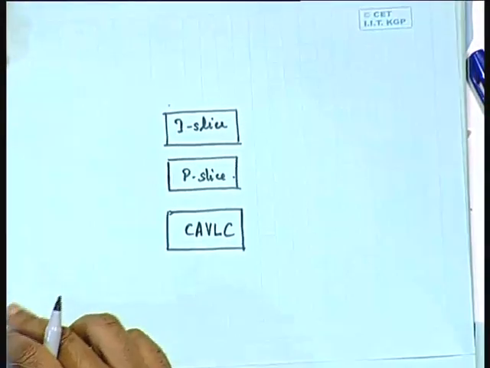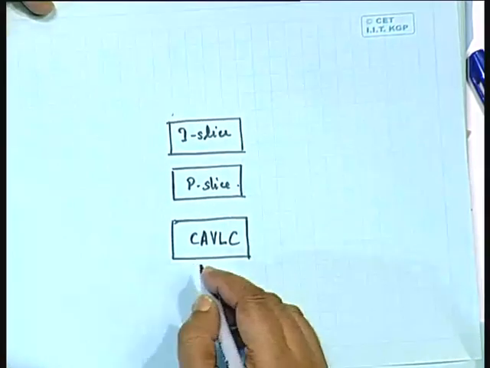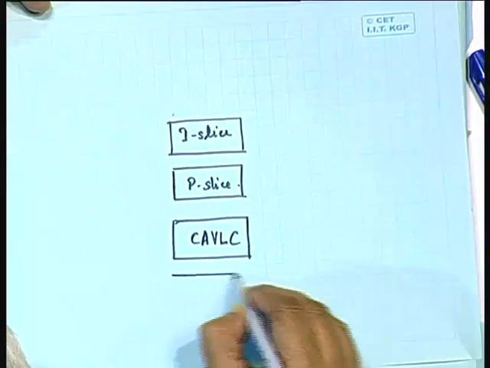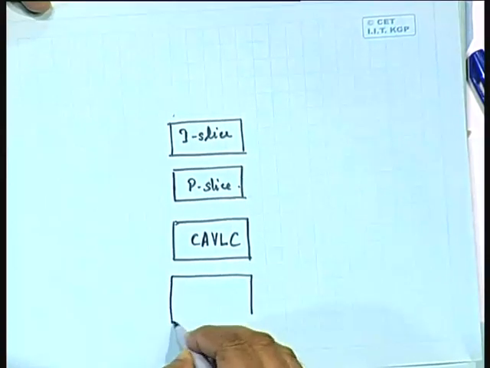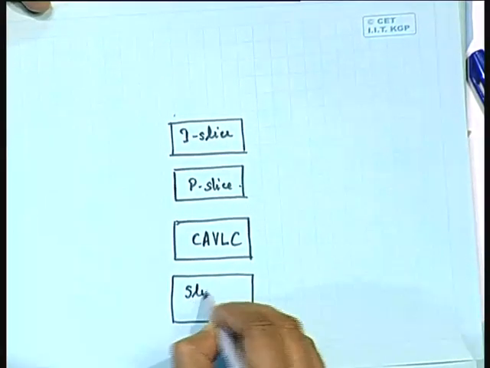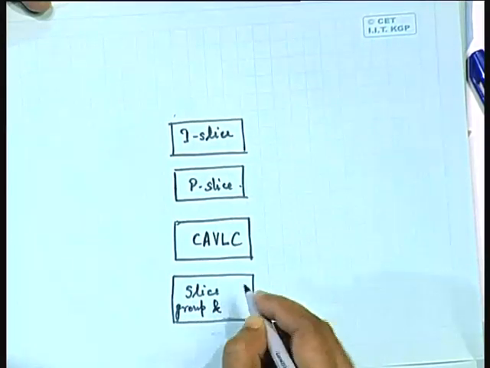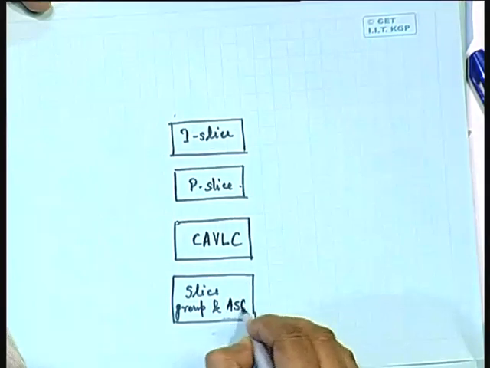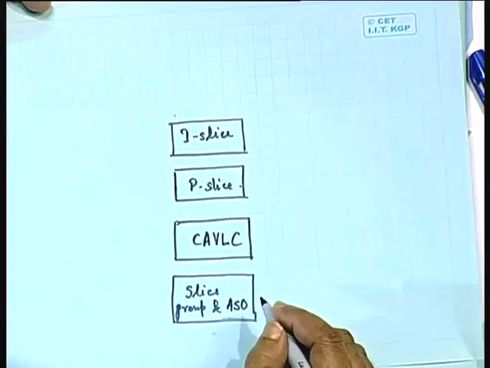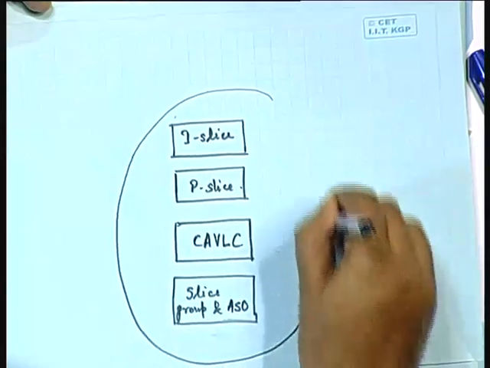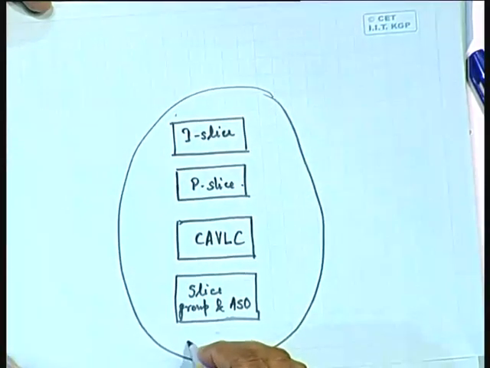The baseline also supports what is called the slice group concept, I'll just come to that, and what is called arbitrary slice ordering, ASO. And these basically compose the baseline profile.